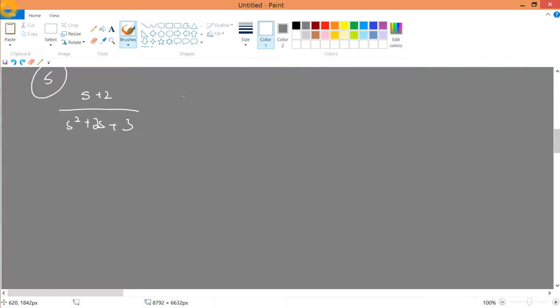But anyway, if it's something that is smaller degree, small order, meaning s1, smaller than the s2 over here, the numerator is smaller than the denominator, what we can do is simply to just do completing the square method. If you do completing the square method, what we have is s plus 1 square plus 2.